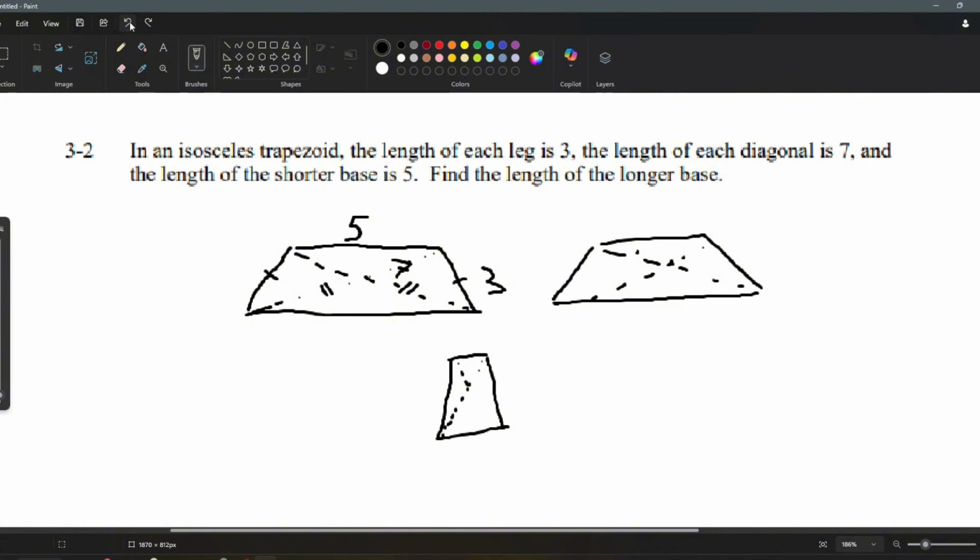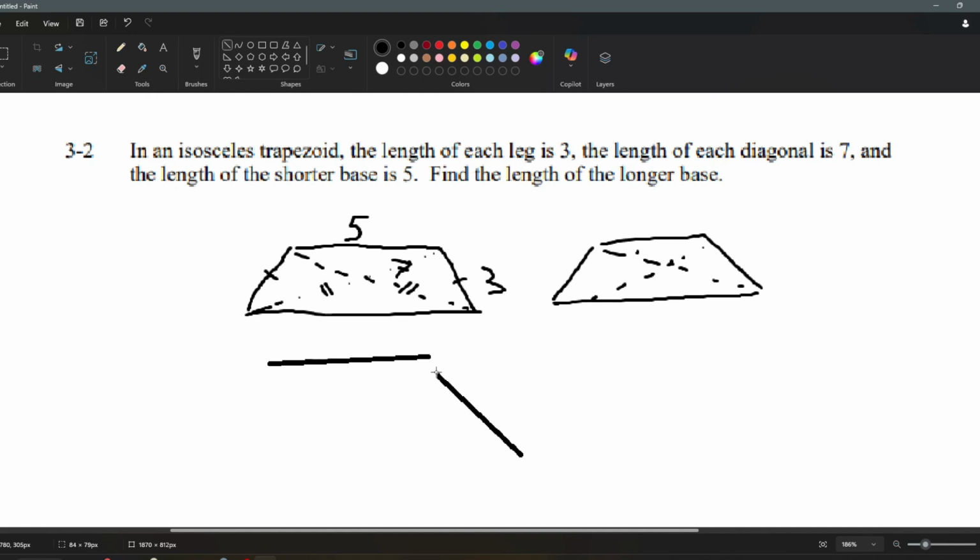I should use the line tool for now. Is there a line tool? No. It's not a line tool. Okay. So, if I draw a trapezoid, I need those to be the same.